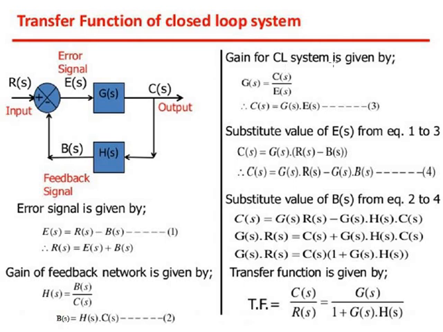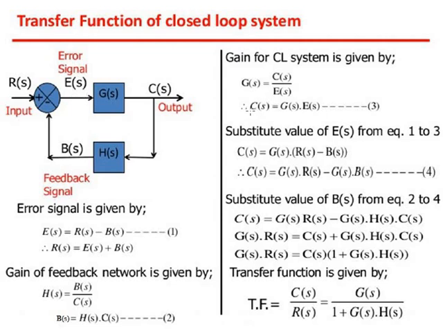Now the gain for the closed loop control system is given by G(s), output C(s) divided by input E(s). We cannot take R(s) as an input because for this G(s) system, the input signal is our error signal.